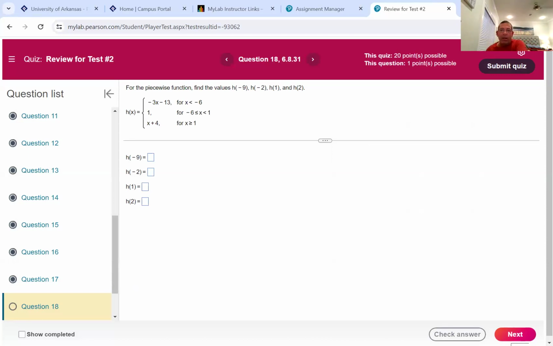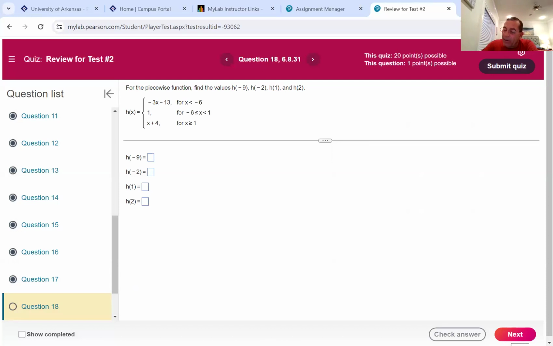18. Y'all, let me write this one down because I got to find 4 values. H of negative 9, H of negative 2, H of 1, and then H of 2.